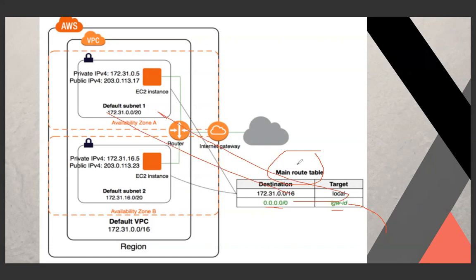So I need to create the rule under this route table. If any public traffic comes via internet gateway, please do the routing into my local network.